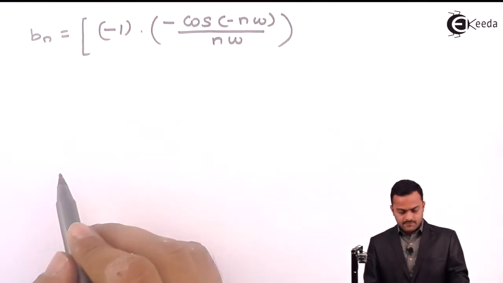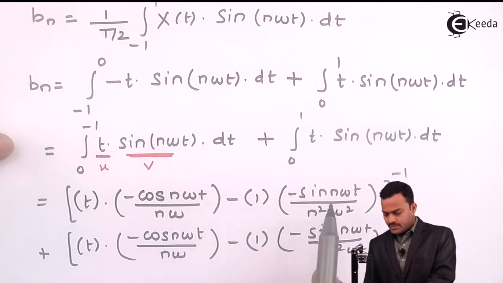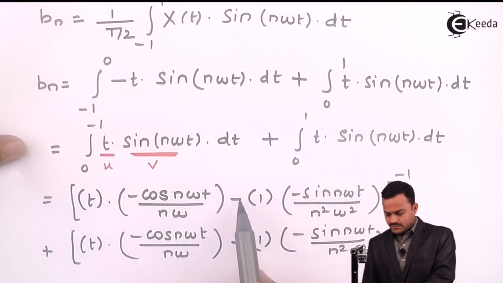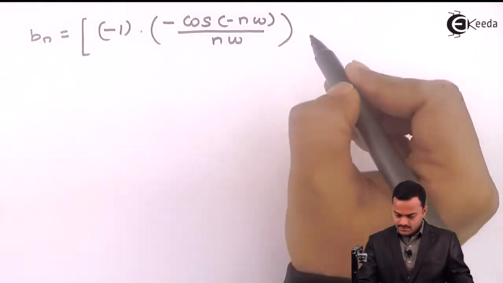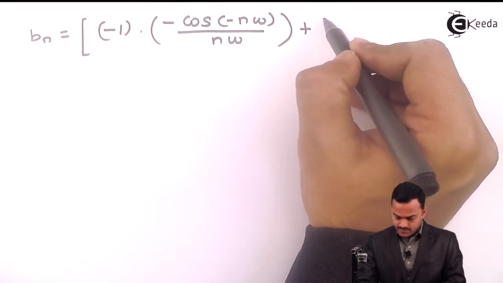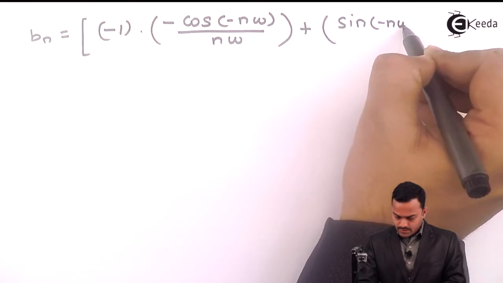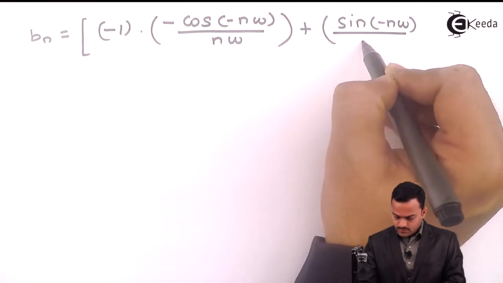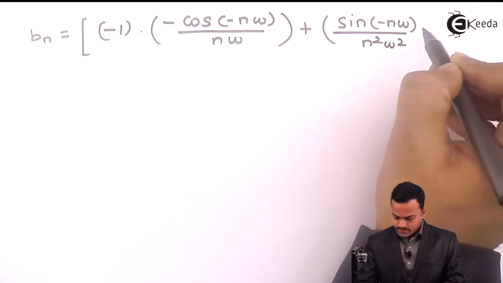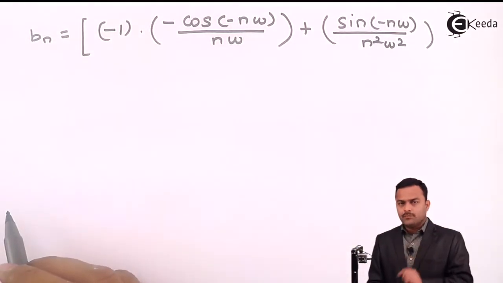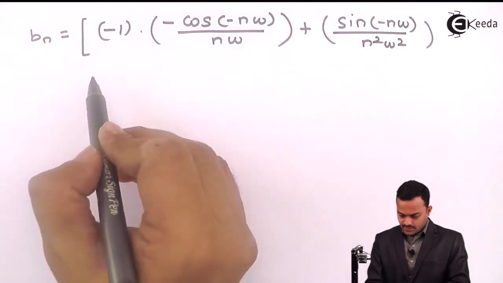So what we have done, simply wherever t is there, I'll replace with a minus 1. This minus, first I will make it a plus, and after applying the limit, I will get sine minus n omega upon n square omega square. So this is just the upper limit of the first integral.